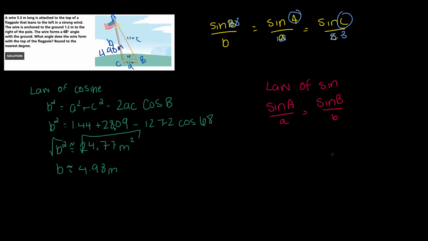divided by little b. Well, using substitution, sine A is what we're trying to find, but little a on itself is 1.2 meters. And this is going to equal sine B, and B is 68 degrees, so sine of 68 degrees divided by 4.98.